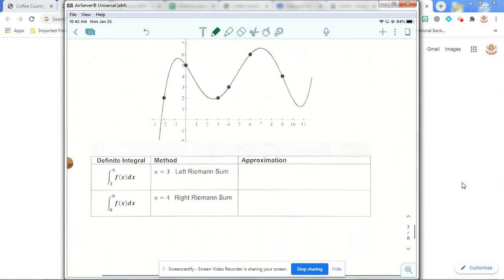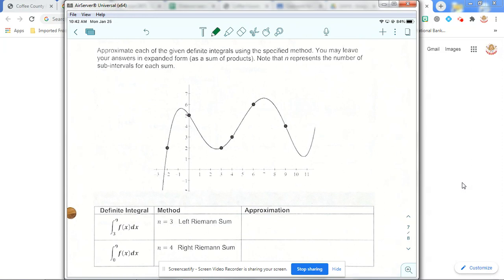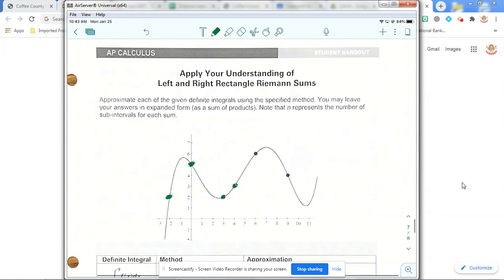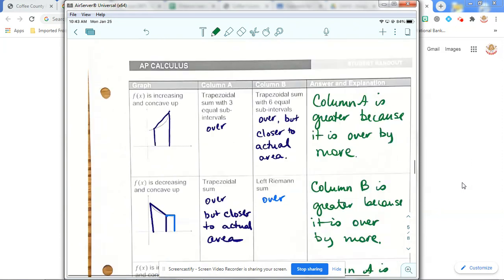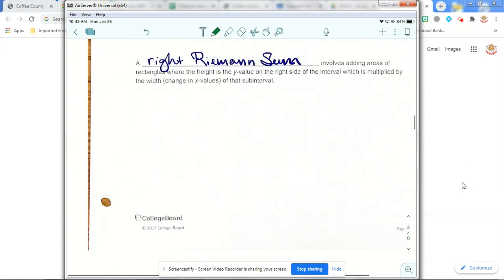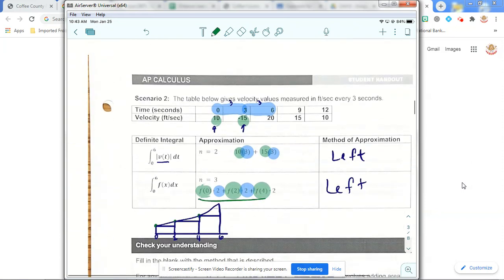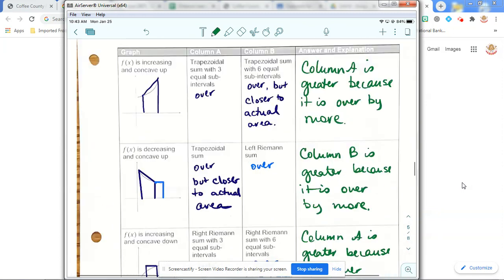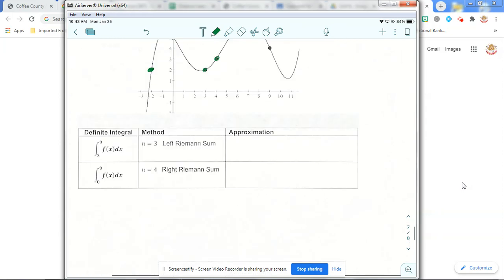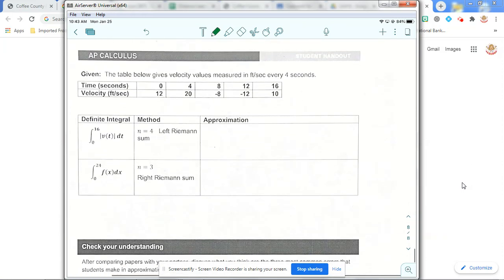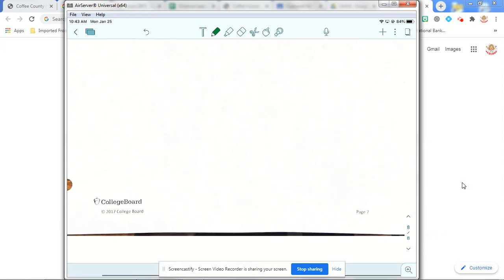And so you have the method that you're going to do it by, left Riemann sums. You're going to use the actual points that you're given and find an approximation for that definite integral. So you are writing out what this stuff right here on those. Just kind of reverse what we did together. And same thing on that. And that's it.